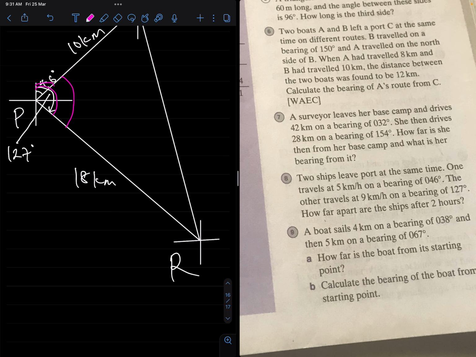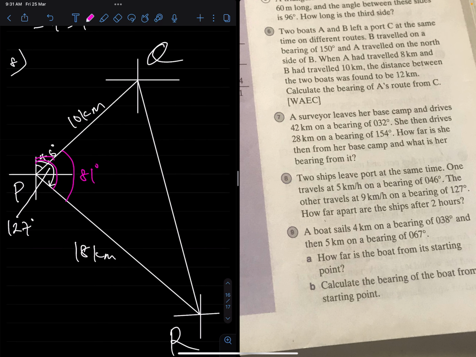When you are doing the calculation, you have to be very, very careful. 127 minus 46 is 81 degrees. And having found this, I can find their distance apart.